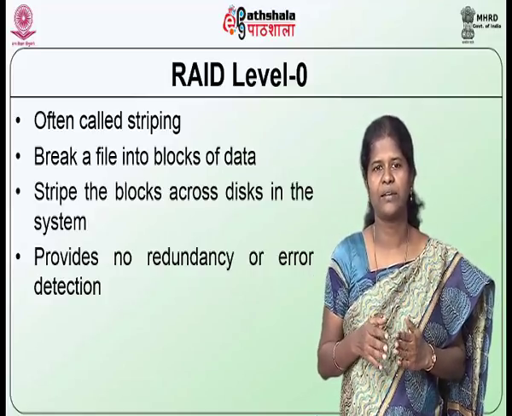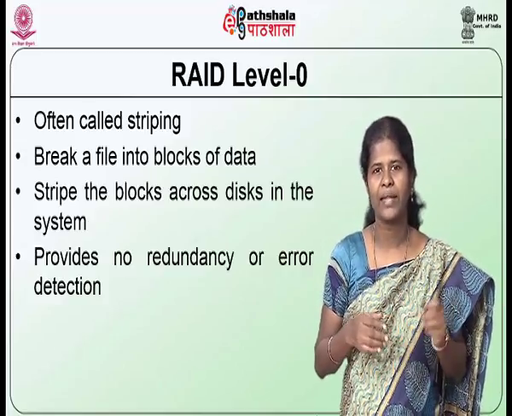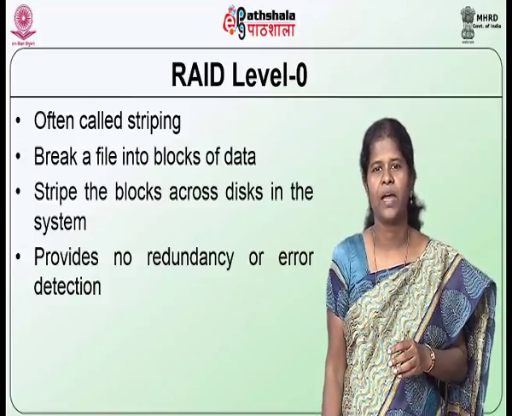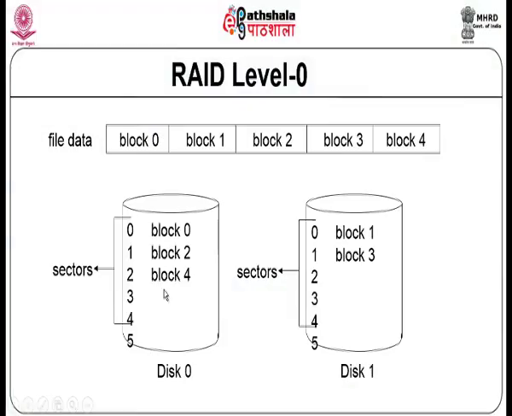Here a file is broken into blocks of data, and the blocks are striped across different disks in the system. There is no redundancy here, and no error detection is done in RAID level 0. Look at this diagram: say you have a file's data with blocks 0, 1, 2, 3 and 4.